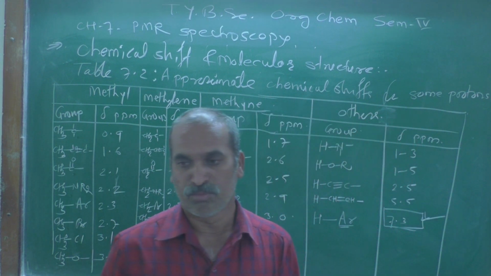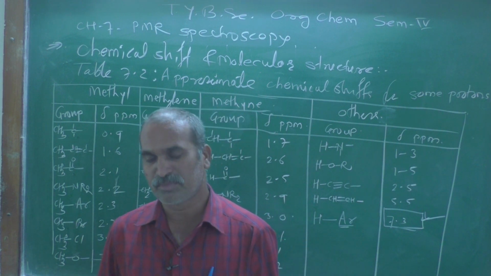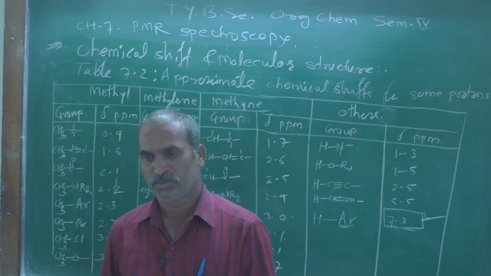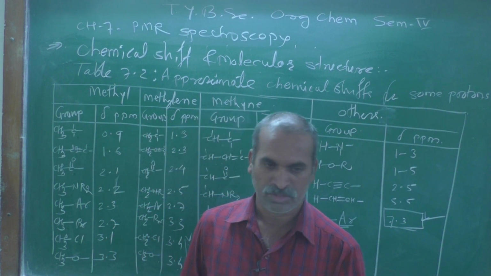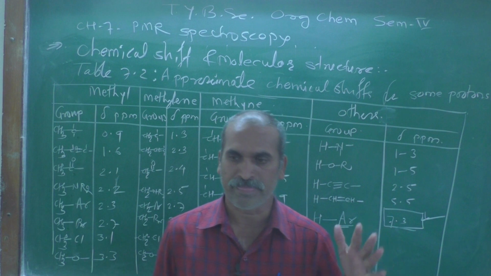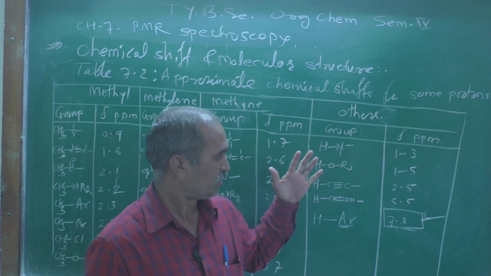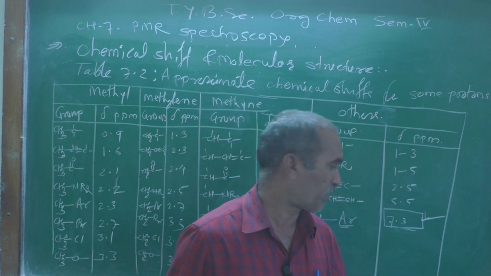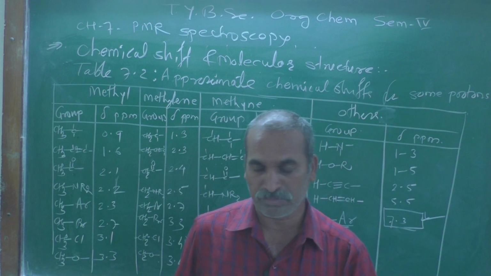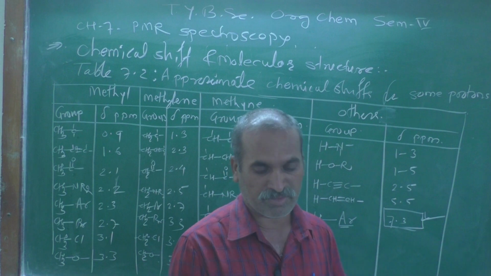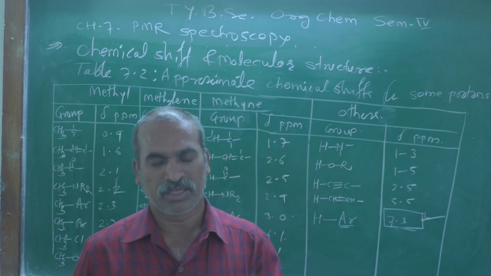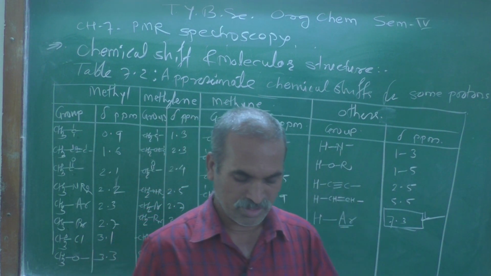Most of the time in multiple choice questions you are going to face this this year, and next year also. So remember, these are the favorite questions of the paper setter. The aromatic proton is found around 7.3, which clearly indicates the presence of an aromatic proton.